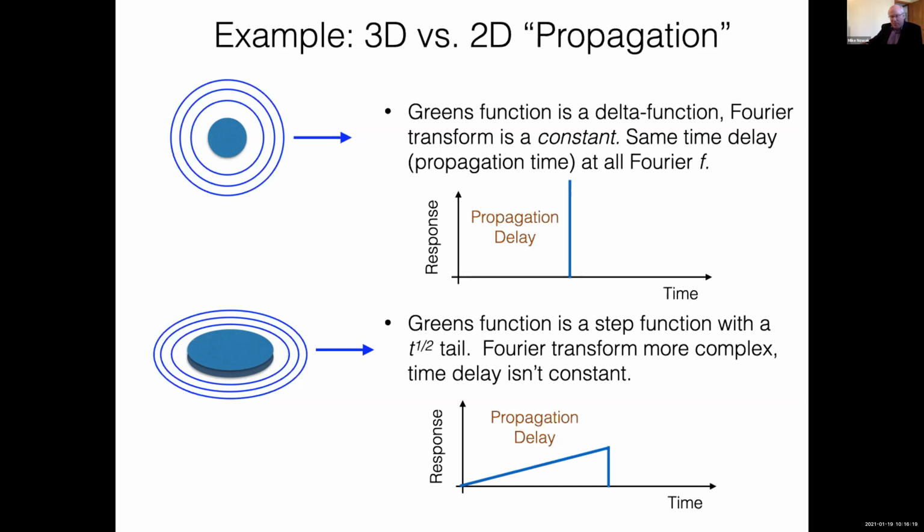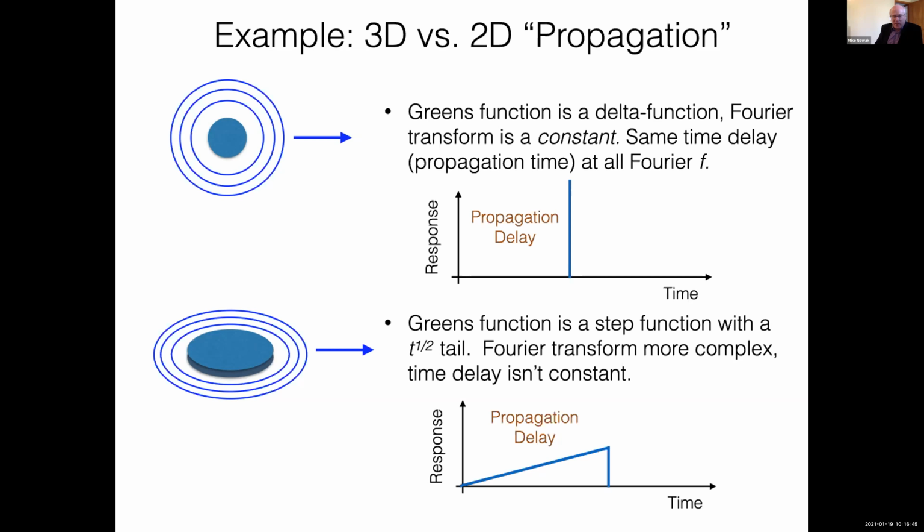So yes, you'll have a time delay associated with the step, but then you have all the frequency structure associated with that tail behind it. In some ways, it almost looks like, in 2 dimensions, rather than having a constant time delay, you get a constant phase delay. It's not quite a constant phase delay, but it's close.